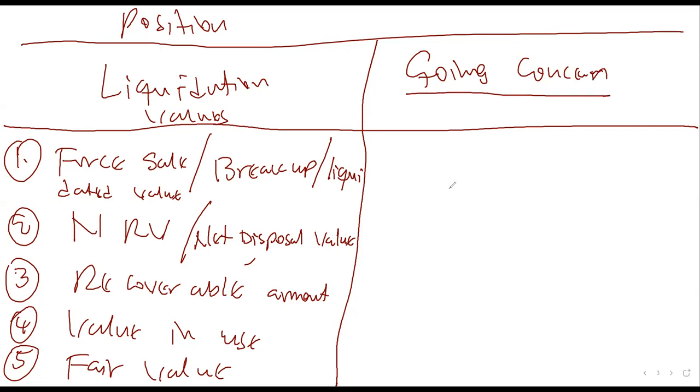Going concern value should be number 1. Turn the thing upside down. Fair value would rather come first.